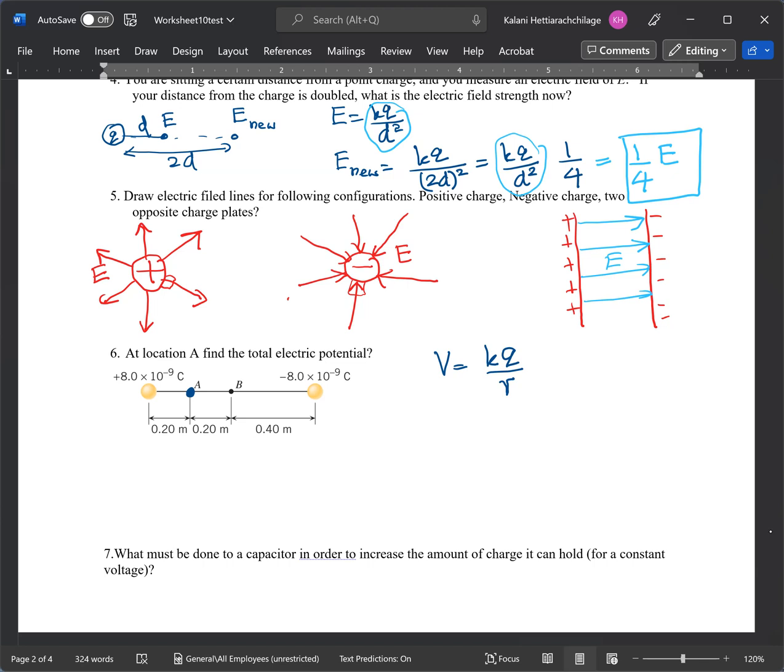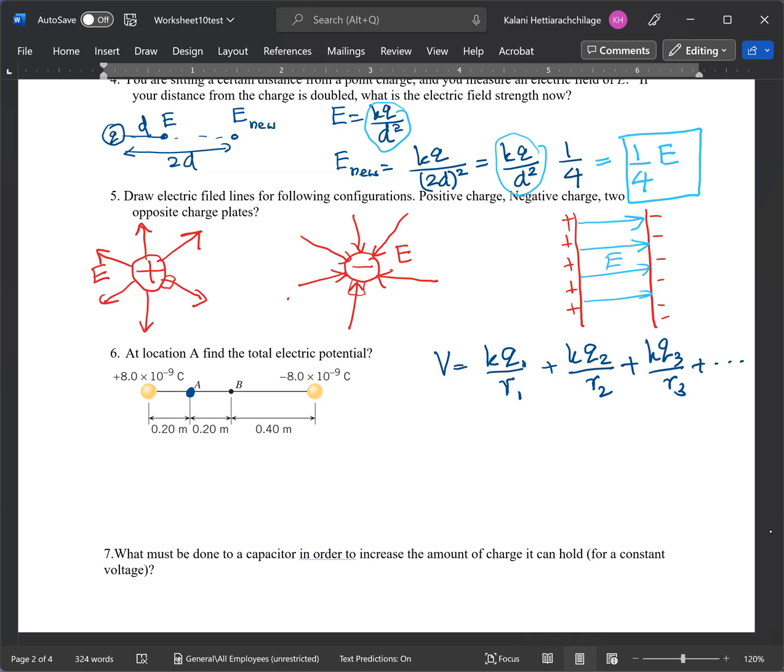That means I can rewrite this formula if I want. From Q1, it will do this, and Q2, it will do 2, and Q3 do 3, and keep going. However many charges you have, you just keep adding them. But since we have only 2, we just need the 2 terms only.